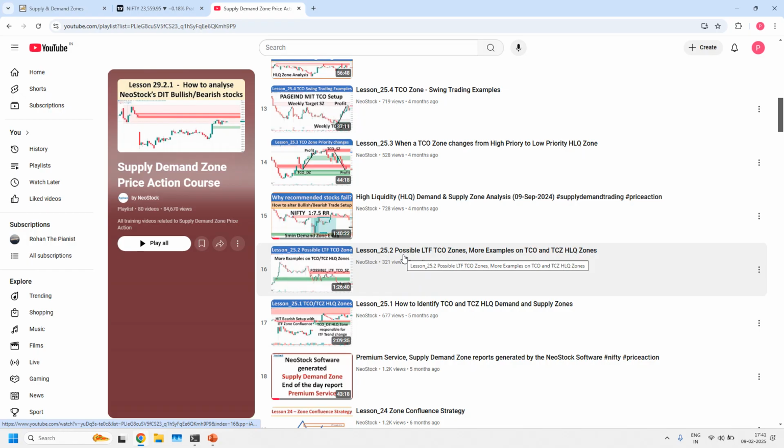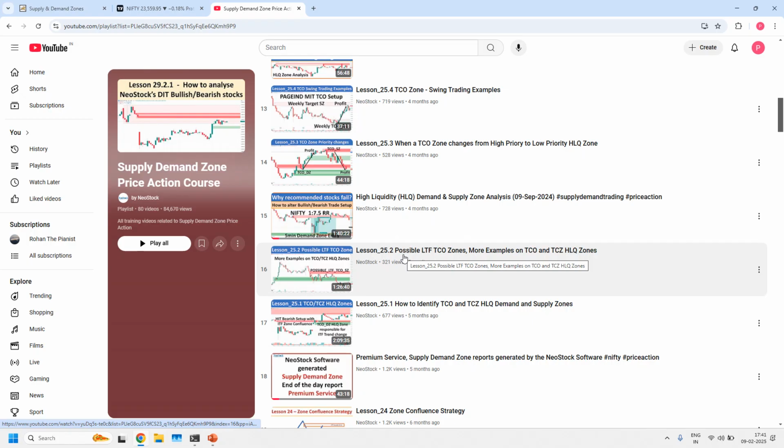To find those 8 stocks, how much time do you need to spend manually? But if you take the help of NeoStock software, it is giving you the results in a fraction of a second, or maybe 1 or 2 seconds maximum. So you are finding all the 8 or 10 stocks in just a few seconds.